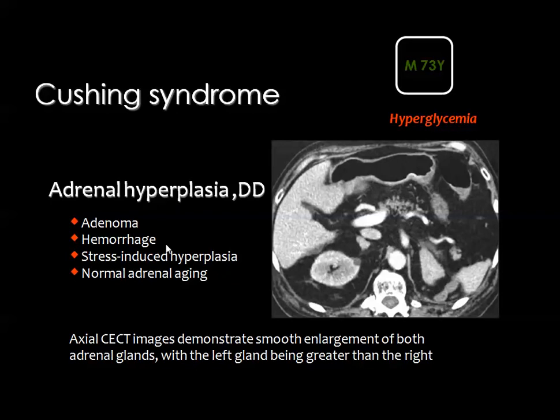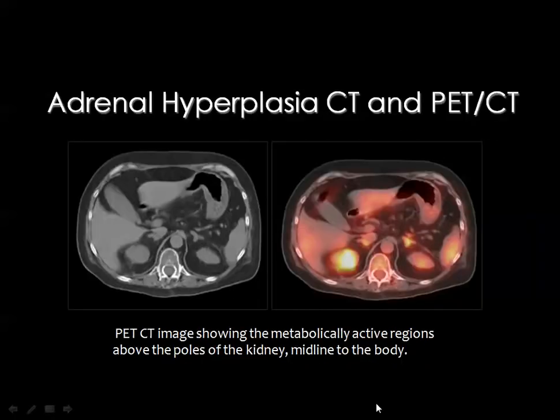Then the adrenal hyperplasia is usually bilateral. If it is unilateral, you can see differential diagnosis like adrenal adenoma, for example, adrenal hemorrhage, and the normal aging process as well if the lesions are on both sides.